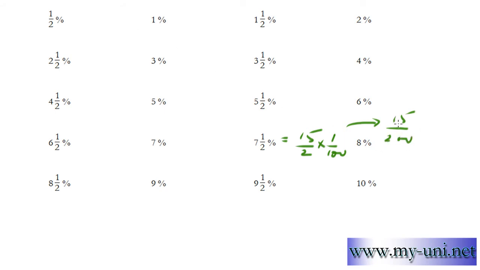So 15 over 200. You can simplify this. 5 times 3 is 15, 5 times 4 is 20, and 5 times 0 is 0. So 3 over 40 is another way to write 7.5% as a proper fraction.